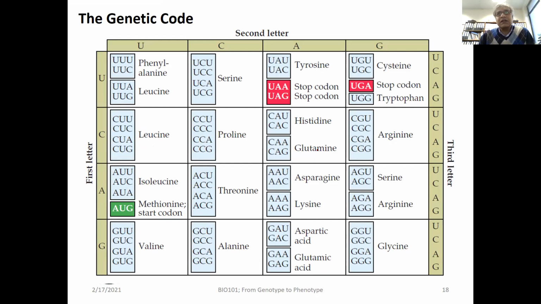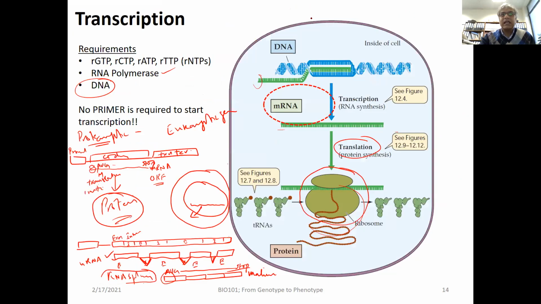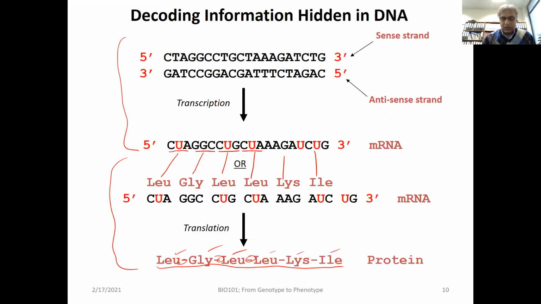This is an evolutionarily conserved genetic code. We have 4 nucleotides, A, U, C, G. You can calculate if the genetic code comprises 3 nucleotides. The triplet code we talked about, 3 nucleotides, which is called a codon or triplet code, encodes 1 amino acid.